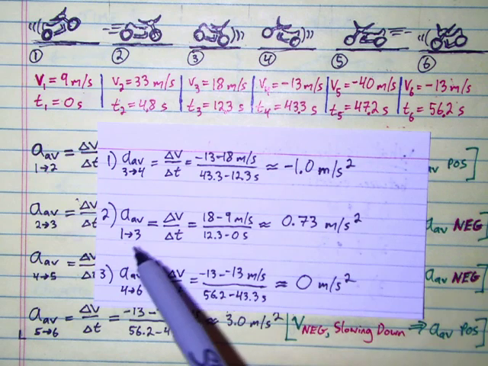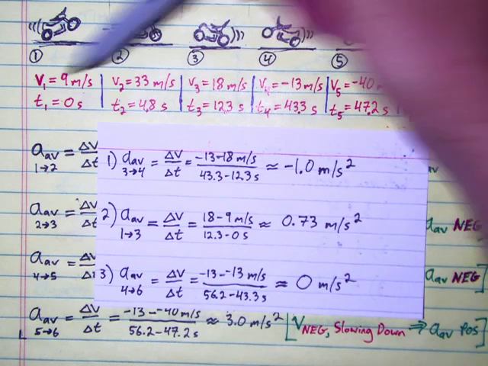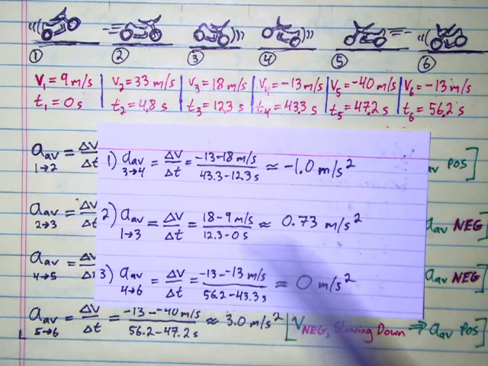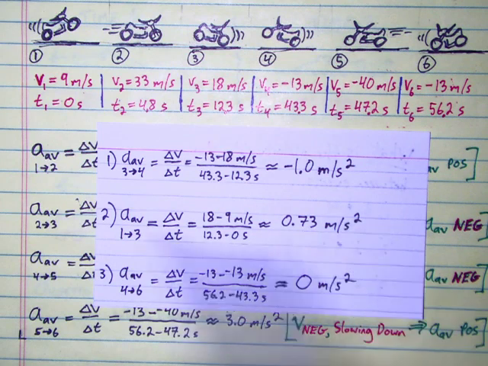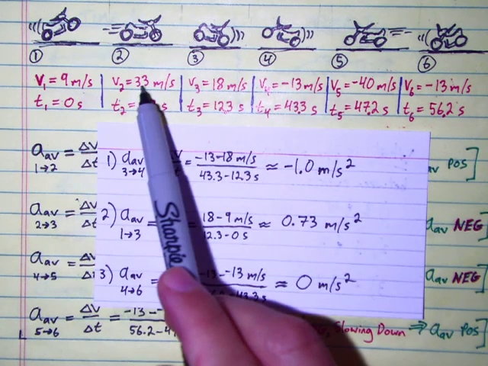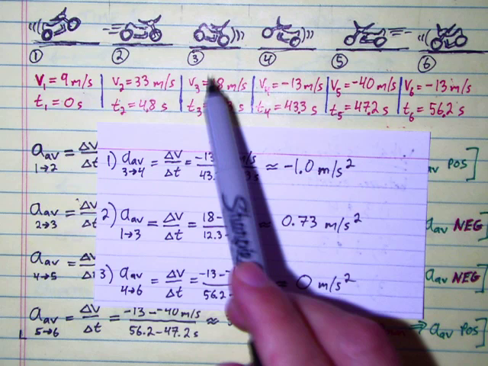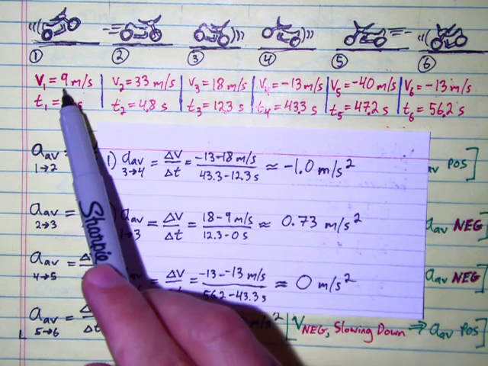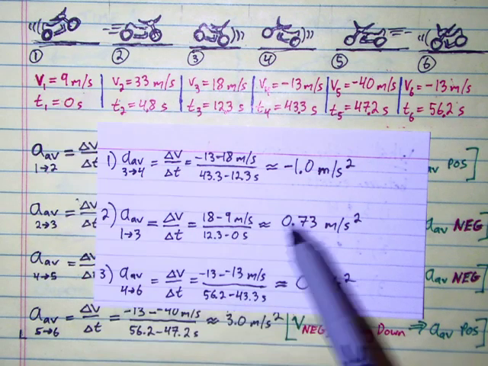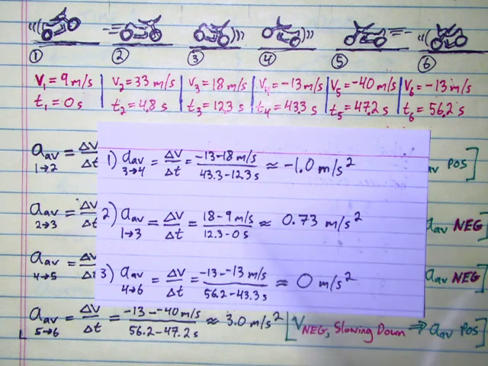Between events 1 to 3, final minus initial is a positive acceleration. Now note, he was moving faster at event 2 than 3. He was slowing down by this point, but still at event 3 he was moving faster than he was at event 1. So that's a positive acceleration, final minus initial.